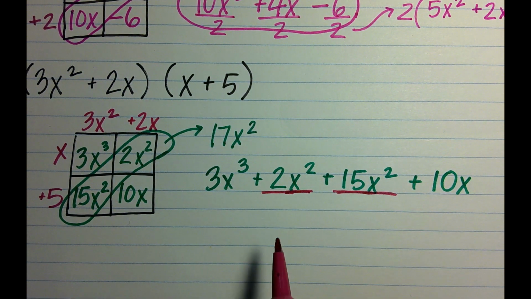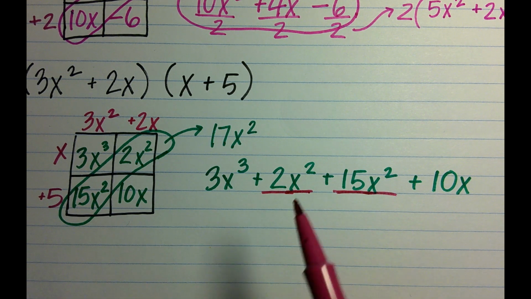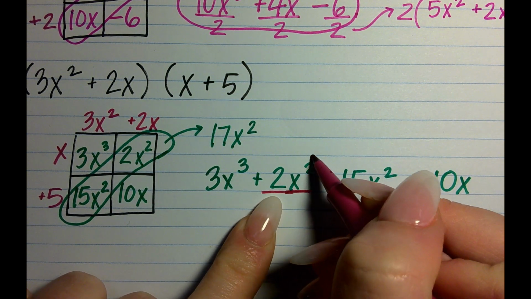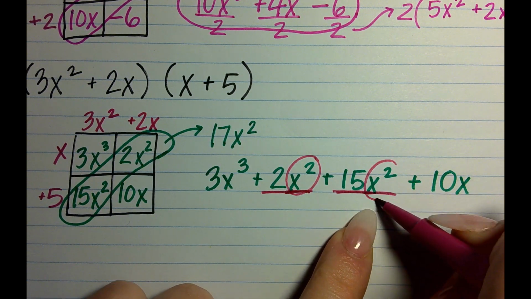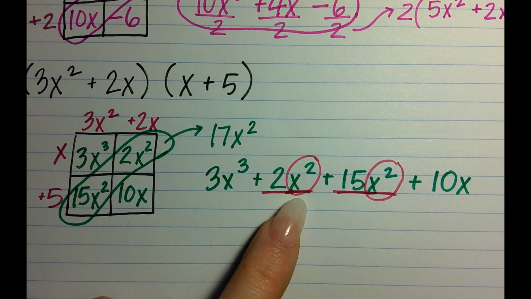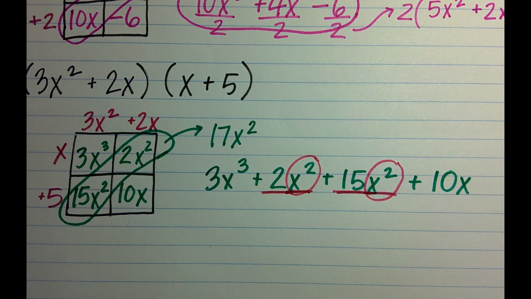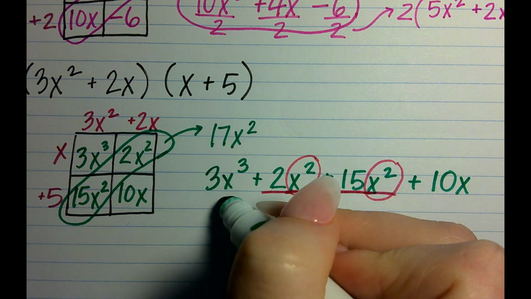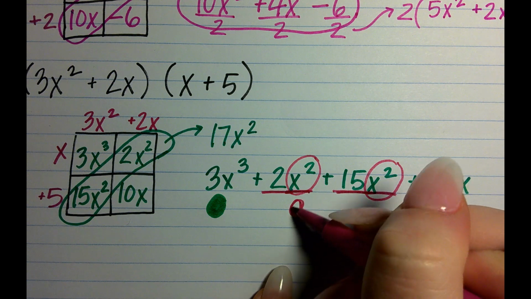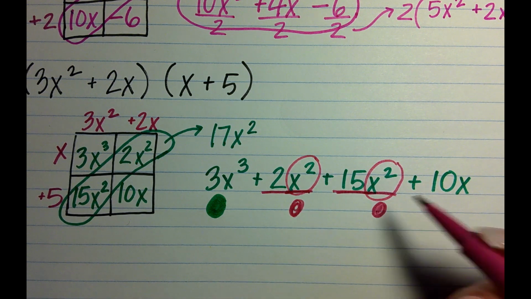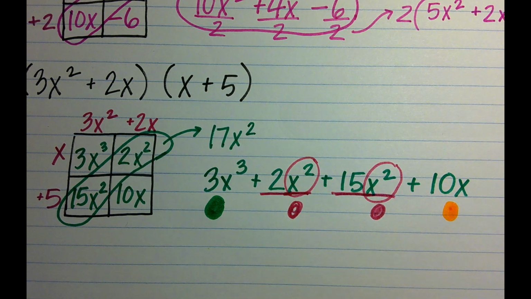Now, if I add like terms, remember, we're saying that there are 2 x squareds, and there are 15 x squareds. It's like saying x to the 3rd power is green, x to the 2nd power is pink, and x is orange.